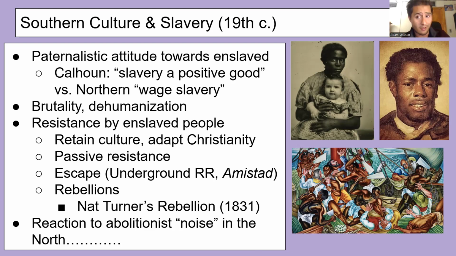So this argument is being perpetuated throughout the South, and it's best summed up by the idea that Calhoun said that slavery is a positive good. It's not just something we tolerate, it is something the South actively, straight up endorses. And he's even going to go further to criticize the North, saying that they're the real brutal ones. Why would you succumb to capitalism and force all these ordinary people into wage slavery?